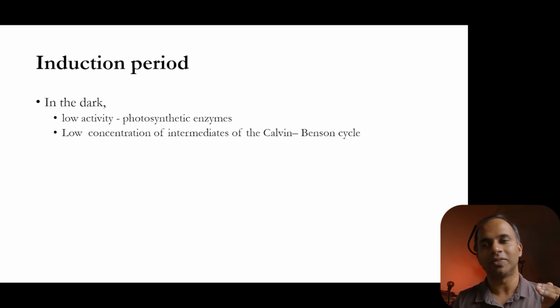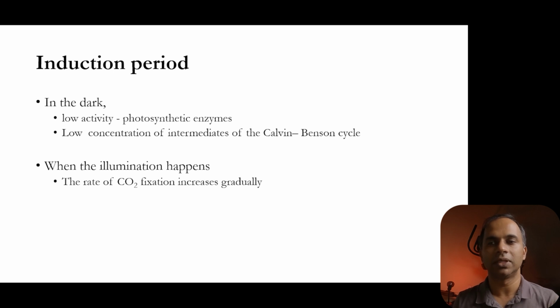So there is a very low level of activity of photosynthetic enzymes, and also a very low concentration of intermediates of our Calvin, Benson and Bassham cycle. What is going to happen when there's light? When illumination happens, the rate of carbon dioxide fixation is going to increase gradually. So that is how it is going to happen.